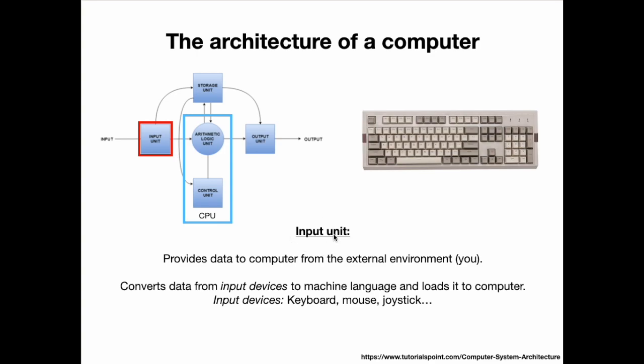What's happening at the input unit level is that the data you provide is converted from the input device to machine language, and it's loaded in the computer. Other types of input devices also include a mouse or a joystick.